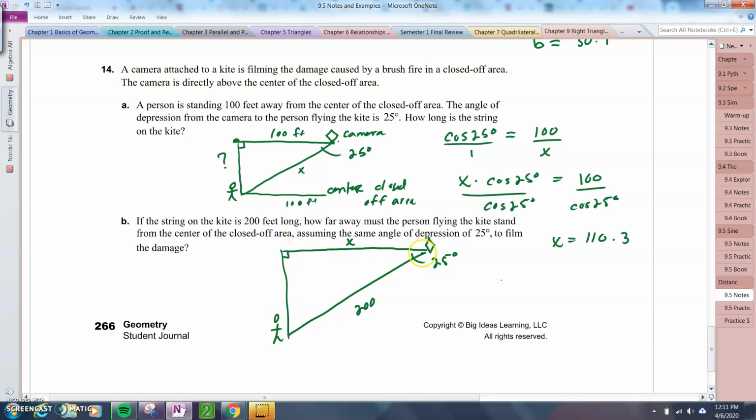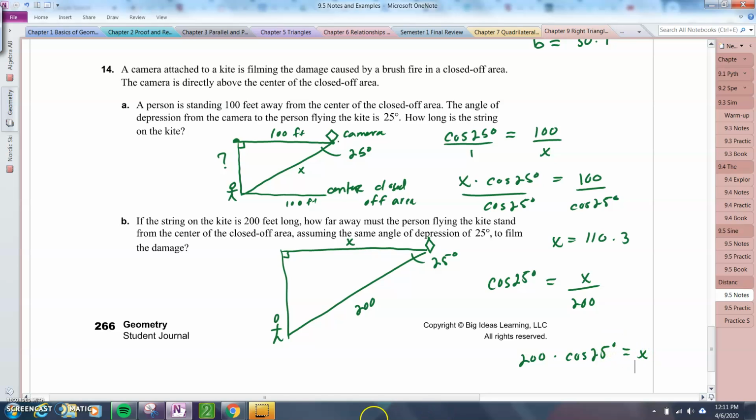So from 25 degrees, we can still use the cosine because we're still looking at that adjacent side. So we're still going to say cosine of 25 degrees is that adjacent side, the unknown, divided by 200. And in this case, we just need to multiply both sides by 200 to solve for x.